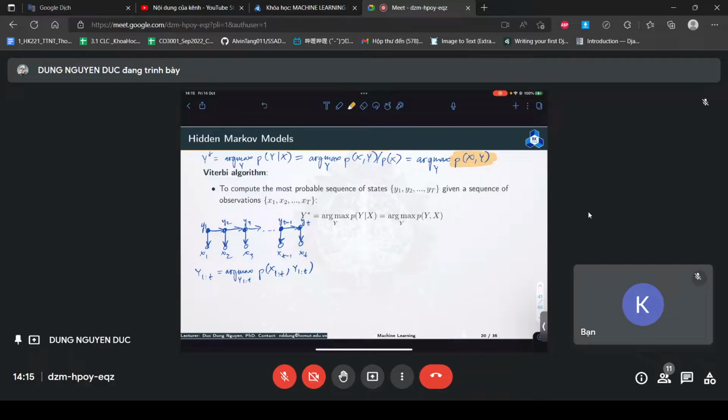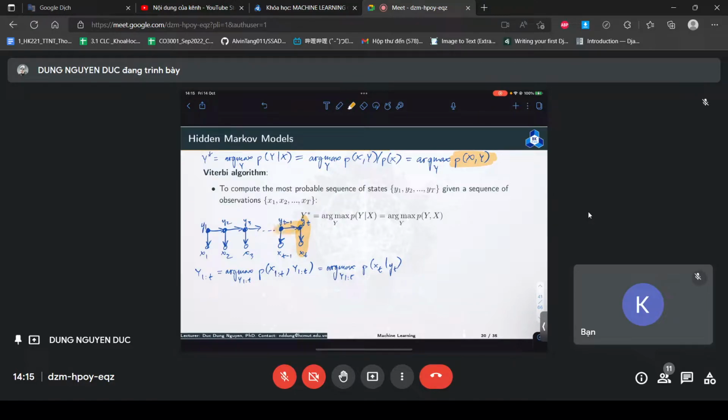It will be equal to argmax of y from 1 to t of the probability of xt given yt. This is the emission probability, right?